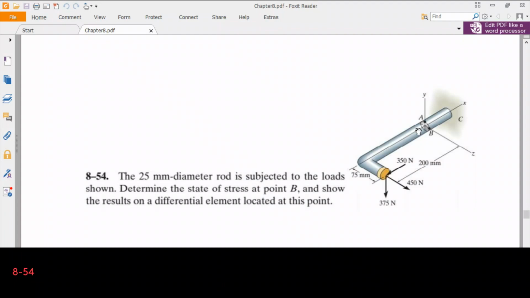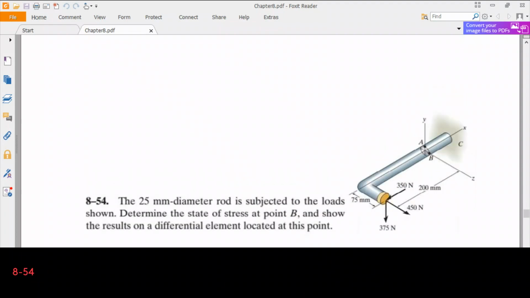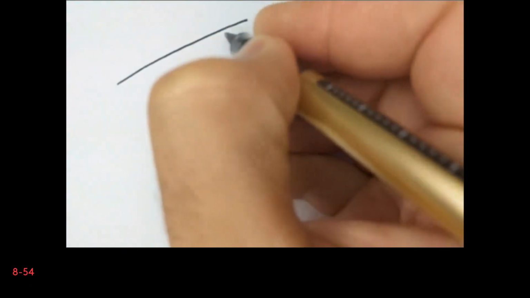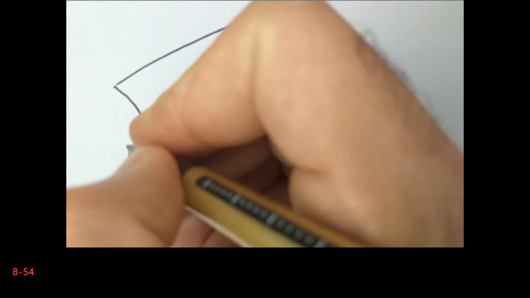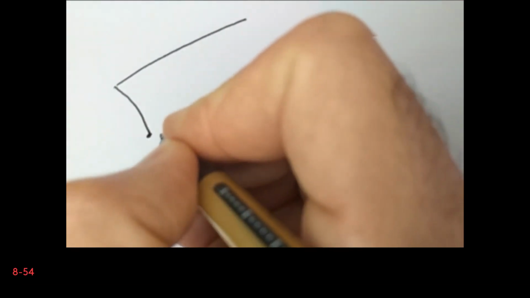Okay, so now let's draw the simple rod. Let's say that we have two ends.